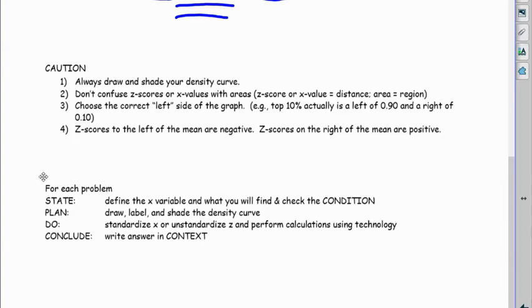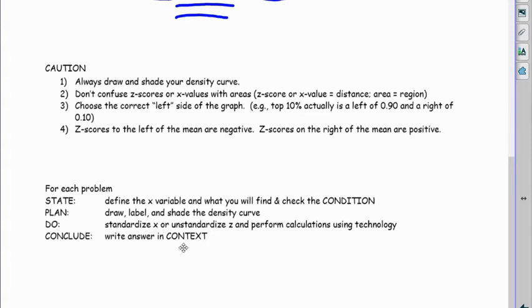Then you make a plan. You draw, label, and shade your density curve, then standardize your X value or unstandardize your Z value, perform your calculations using technology, and then always write your answer in context and never sound certain.